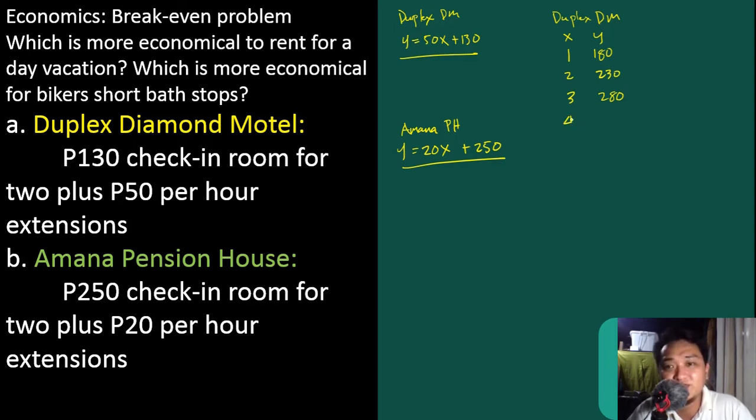Let's say nagtagal tayo doon ng 4 na oras. So, yung babayaran natin, kung sa taxi pa, yung metro na papatax natin is 50 times 4. So, that is 200 plus 130. That is 330.